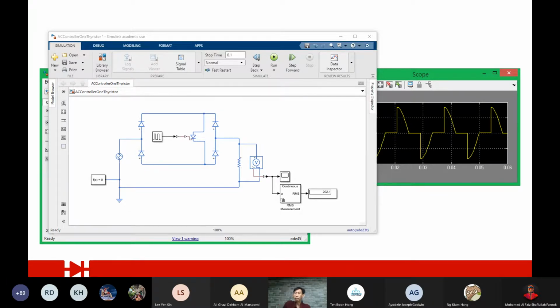Using 1 thyristor is obviously much cheaper than using 2, especially the high power one. They don't have a triac for high power. You need to use 2 thyristors and combine them. High power applications means a few thousand watts and above.